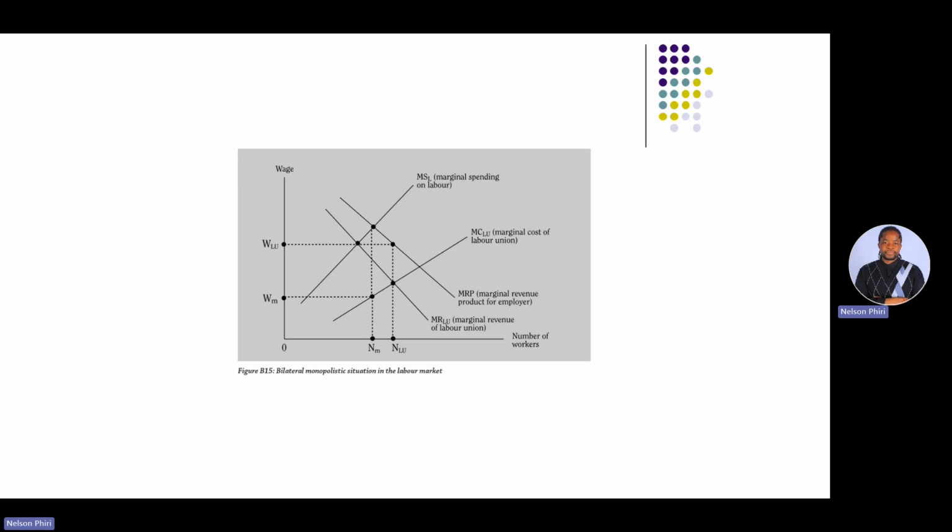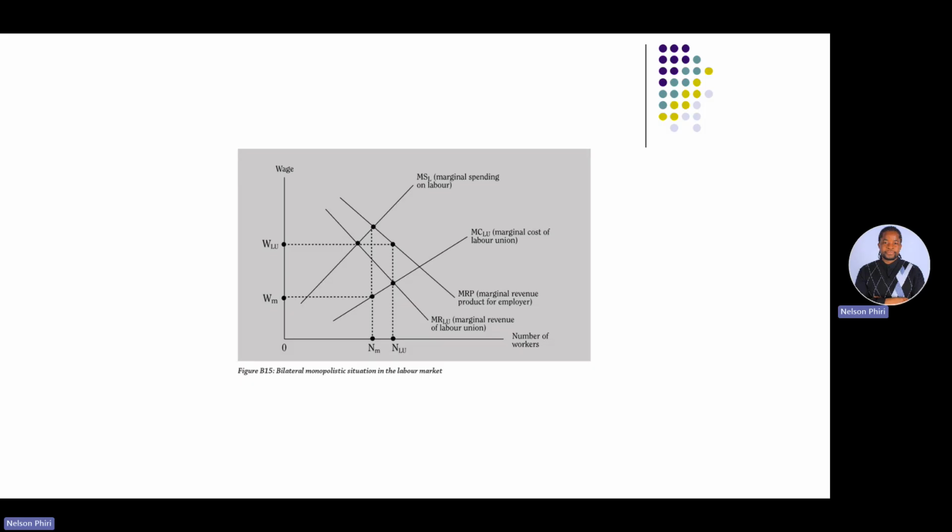The labor union is a monopoly over the supply of the labor. The most optimal position for the labor union is such that the marginal cost per additional unit of labor supplied is equal to the marginal revenue per additional unit of labor supplied. So the optimal units of labor supplied in this case by the union will be NLU at a wage rate of WLU.